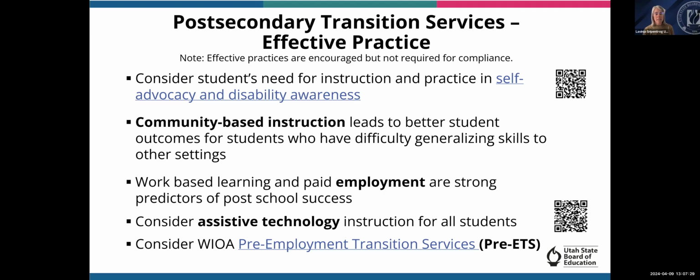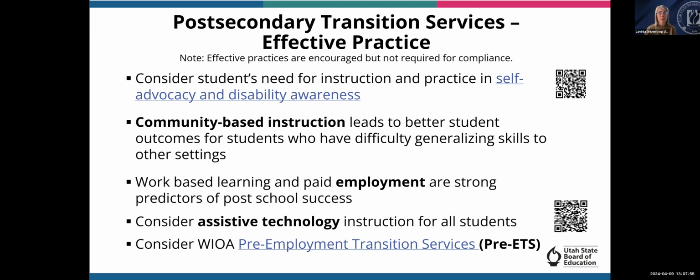Community-based instruction next. We know students with complex needs have a really difficult time generalizing skills from the classroom into the community. So, you might be doing some simulation in classes, and I think that's okay, but really always keeping in mind that when we can teach things in the setting where we expect students to have that skill, that's much better. Work-based learning, I've talked about this before.